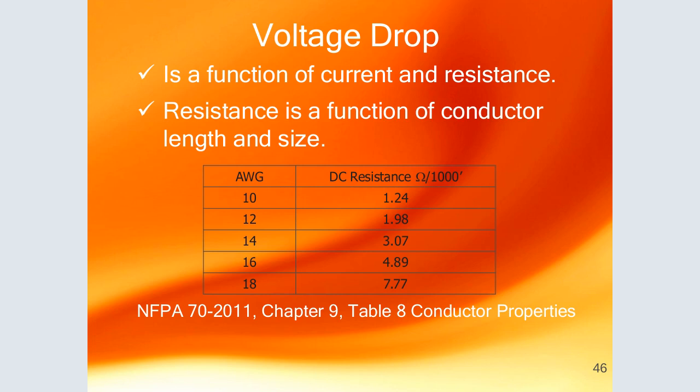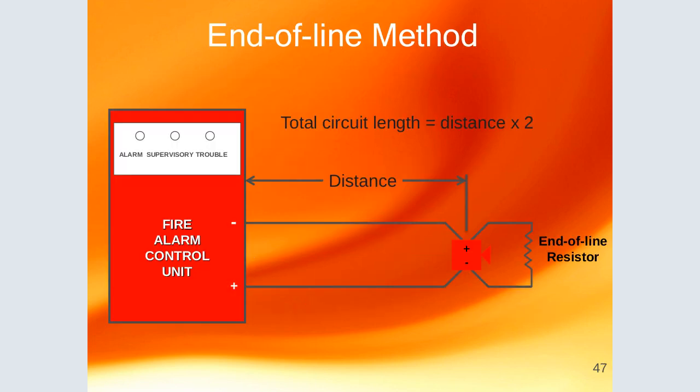The 12 millimeter square has 1.98, and 14 has 3.07. These are standards that you will be able to get from the firms. Firms that do this work normally have standards.